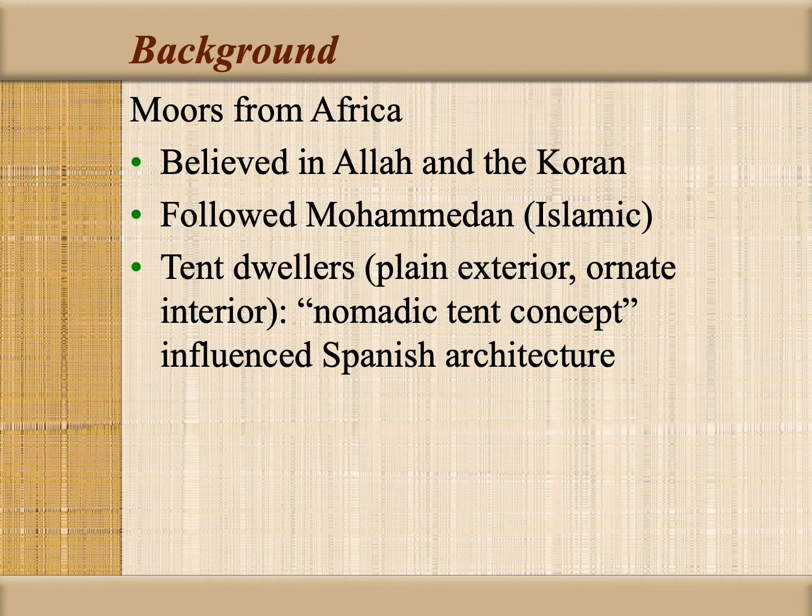This nomadic tent concept would continue to influence Spanish architecture, so we're going to see a lot of their buildings reflecting that tent style look because of how commonplace these were in Spain at the time. But remember, just because you're hearing the word tent does not mean that it is simple or anything like that. On the inside, these tents were incredibly ornate.